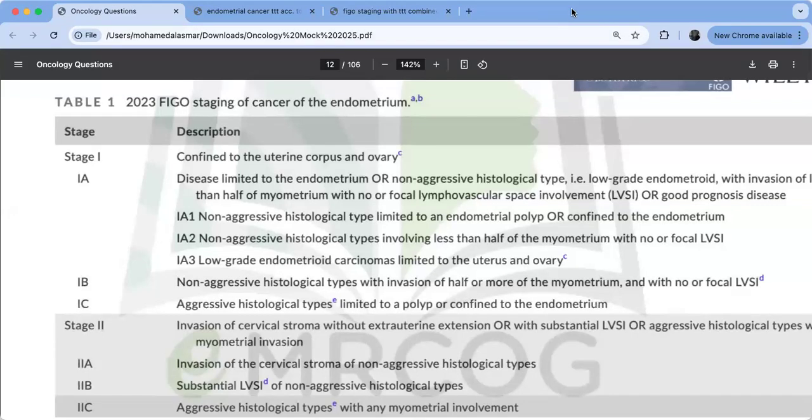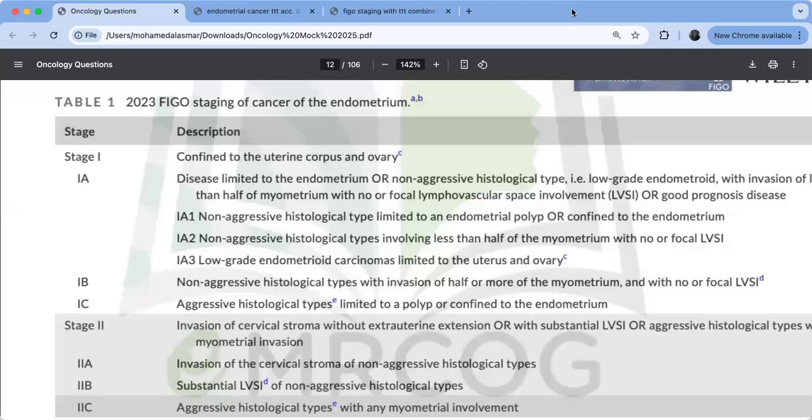So, my friends, whenever we are removing a part from the body, what do we do? We send it to the histopathology, correct? There is what we call a macroscopic picture or a description of the lesion.